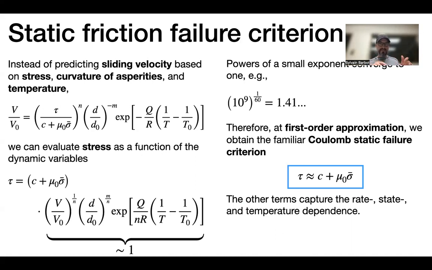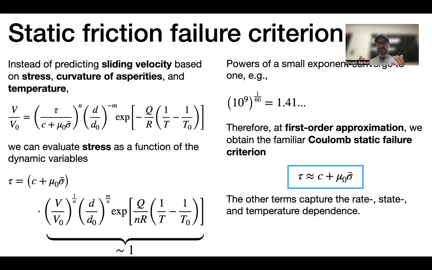So essentially all these terms are close to 1. And so this very complicated time-dependent physical representation in fact simplifies, at first order, to the Coulomb static failure criterion, tau equals C plus mu naught sigma, if you neglect all of these quantities.